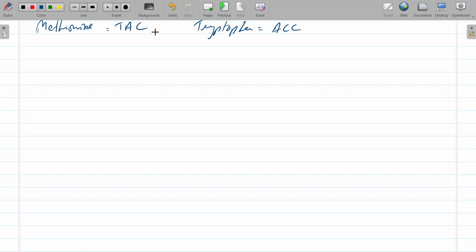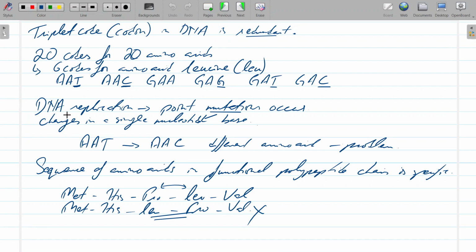So these are the only 2 amino acids that have a single code. If there's any change in these, obviously that would be problematic, but the rest have at least 2. So if point mutations were to occur, they would not be as bad. Of course, we're looking at the third nucleotide base of the triplet code.